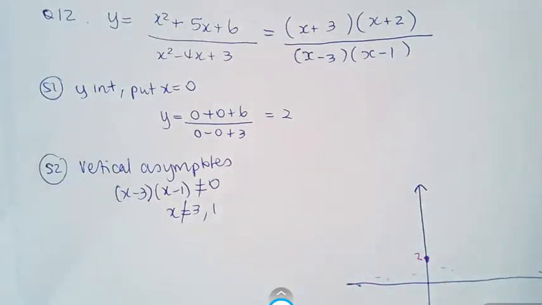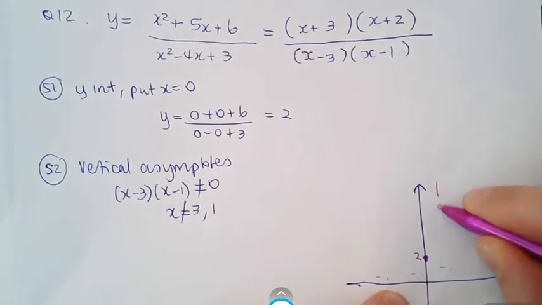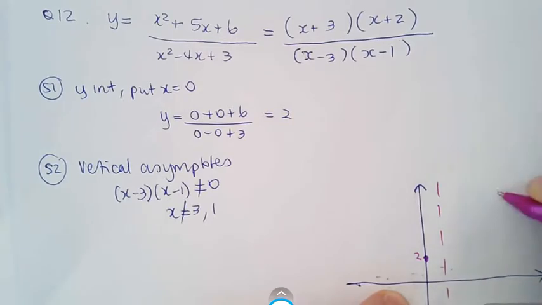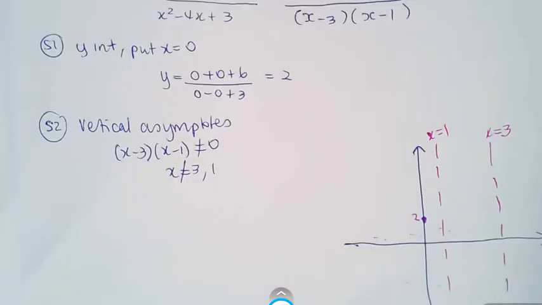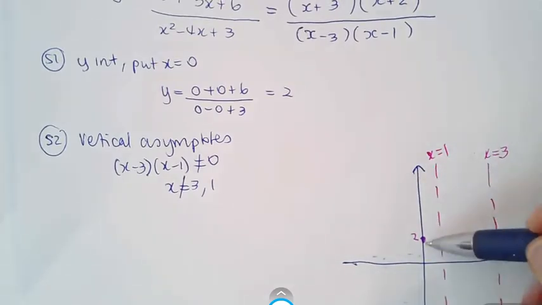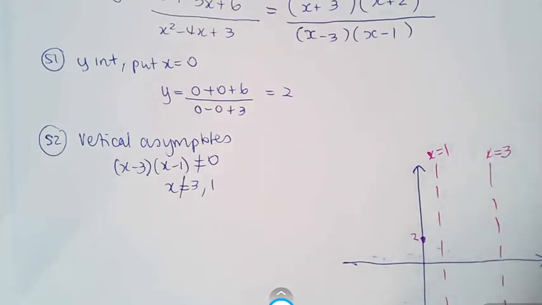So I've got 2 dotted lines. One at x is 1 and one at x is 3. So they're my vertical asymptotes. This is what I know so far about my function: that it passes through 2, that I've got an asymptote at x is 1 and an asymptote at x is 3.